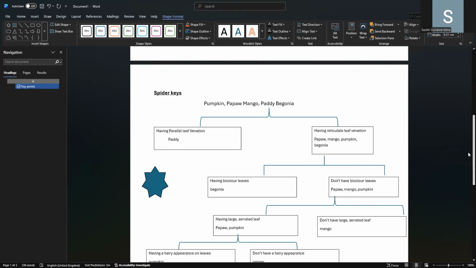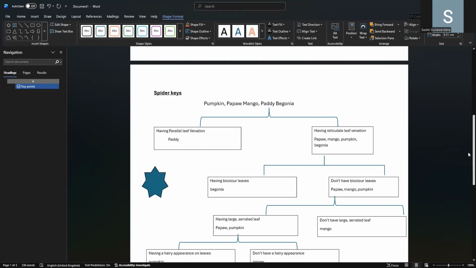So in the next video I will be sharing animal related spider keys, as well as I'm going to talk about numbered keys also. Those are the major things that you have to know under dichotomous keys. Numbered keys are also like this, but there are some differences, and when we compare spider keys and numbered keys, you have to think a little, not like spider keys.